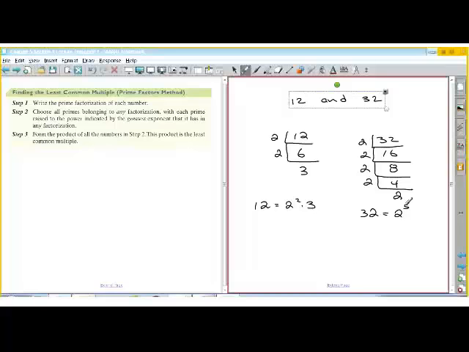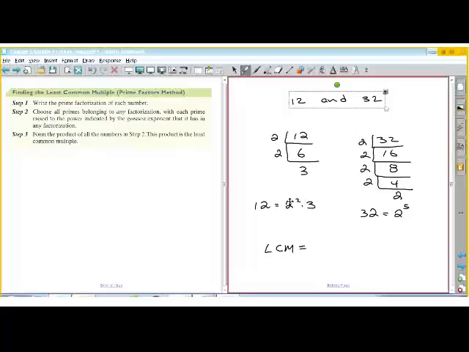So those are the two prime factorizations. And again, you can always check your answer by just multiplying this thing out. So 2 squared is 4. 4 times 3 is 12. 2 times 2 is 4, times 2 is 8, times 2 is 16, times 2 is 32. So that's true.